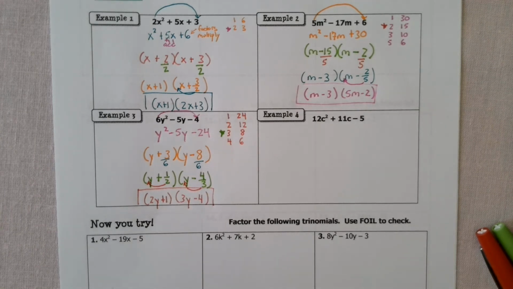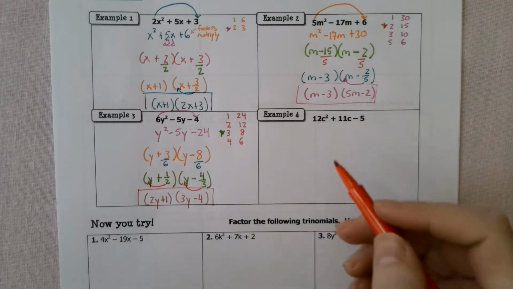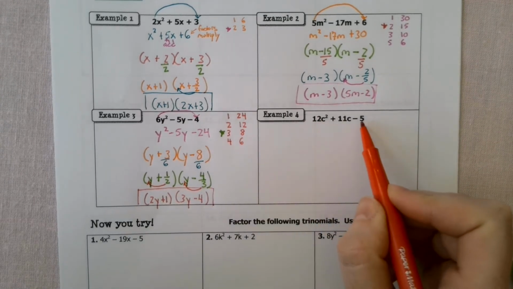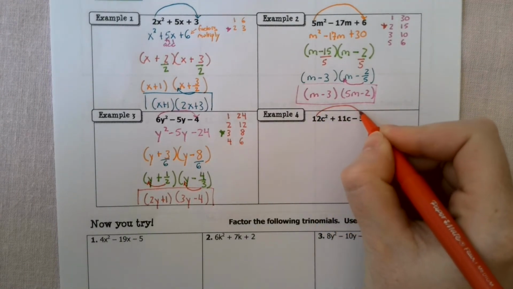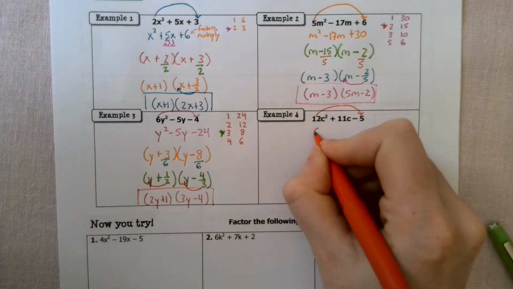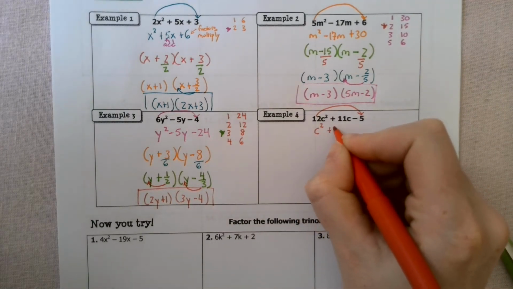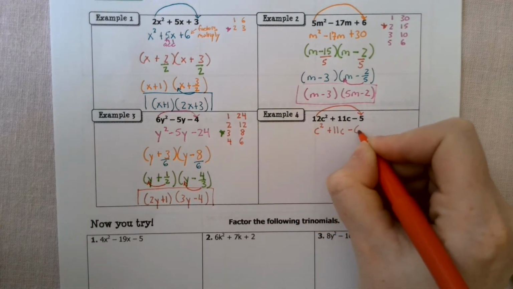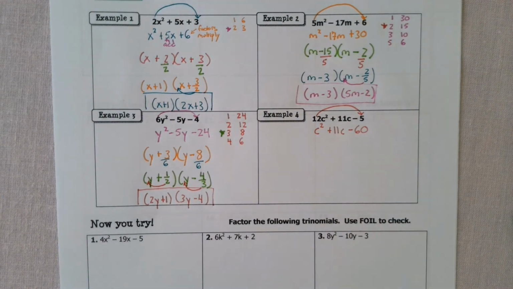All right, so let's try this last example here. We are going to multiply our a times our c, so that's going to be 12 times 5. So we're going to be left with c squared plus 11c minus 60. We need to find our factors of 60.